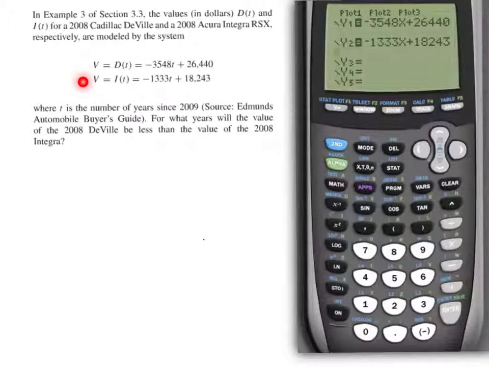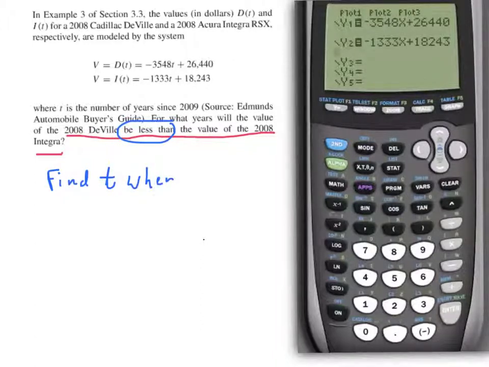And the question asks, for what years will the value of the DeVille be less than the value of the Integra? All right, the key words are be less than. So we could reword this as find t when D of t will be less than I of t.